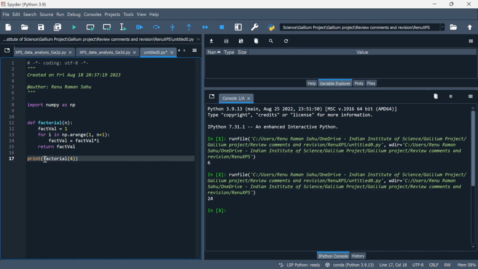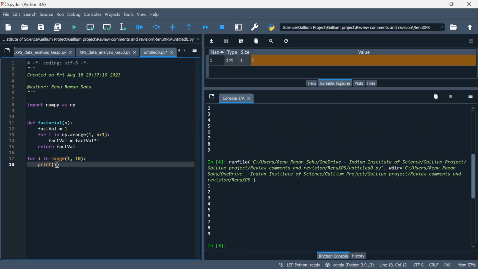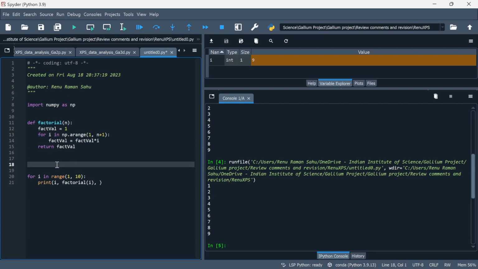So what I'm going to do now is, for i in range 10, factorial i is your LHS, okay, and your right hand side is a def. Right hand side is the Stirling approximation.